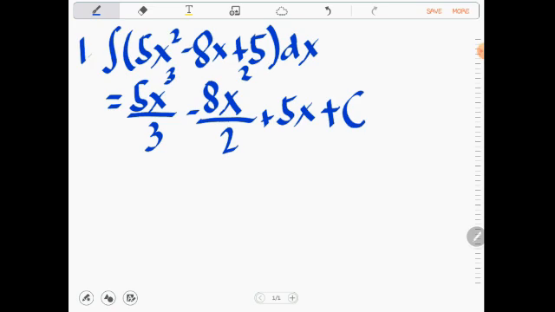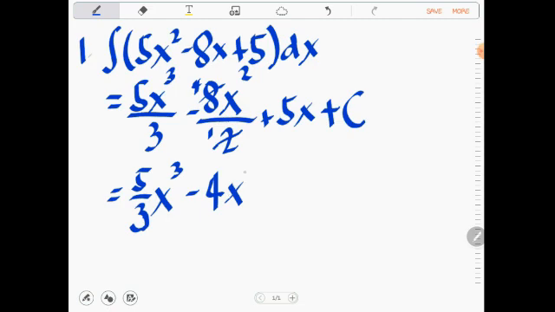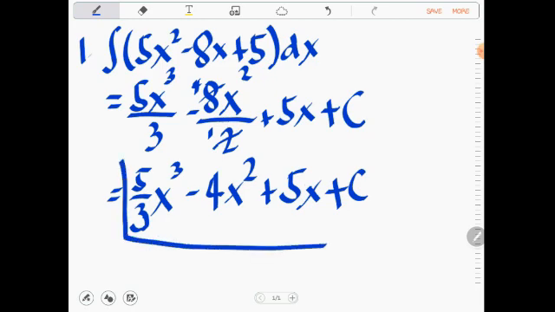Okay? So, simplifying further the equation, pwede natin ito i-cancel. So, this would be equals to 5 over 3 x cubed minus 4x squared plus 5x plus the arbitrary constant c.